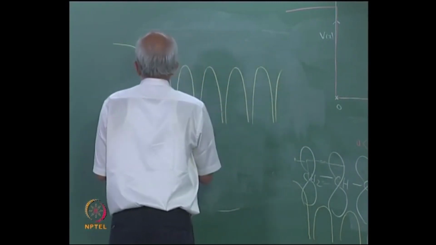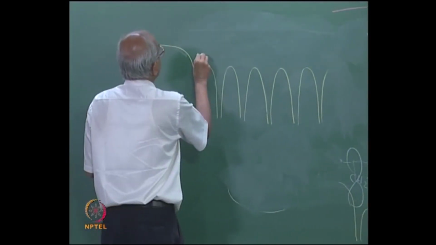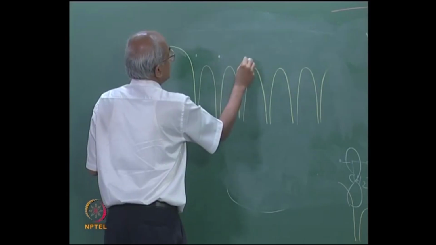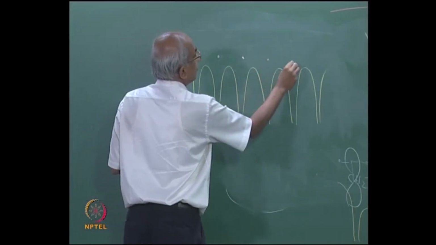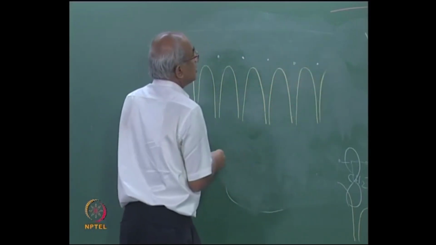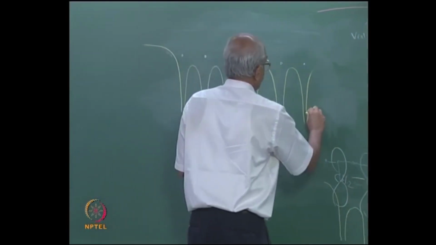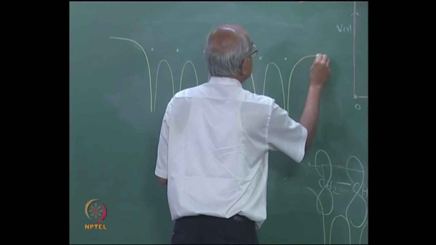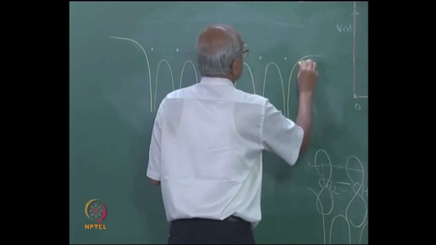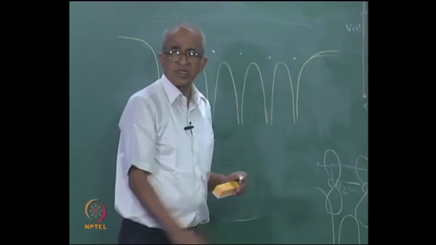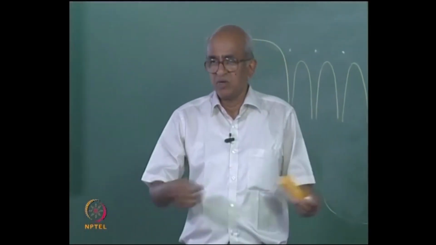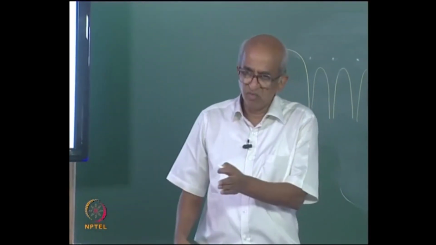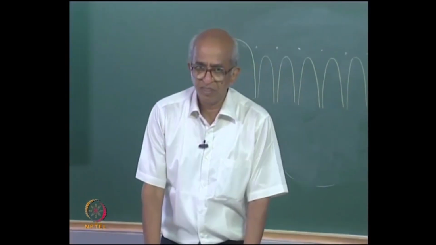So, here is carbon atom 1, that is carbon atom 2, carbon atom 3, 4, 5, 6, and then the potential energy actually will increase. Okay. So, this is how the potential energy will be changing as the electron moves along the molecule.